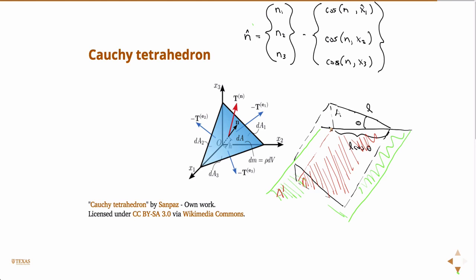So this is A, and this is A prime, then A prime is A cosine theta. It's the same thing.